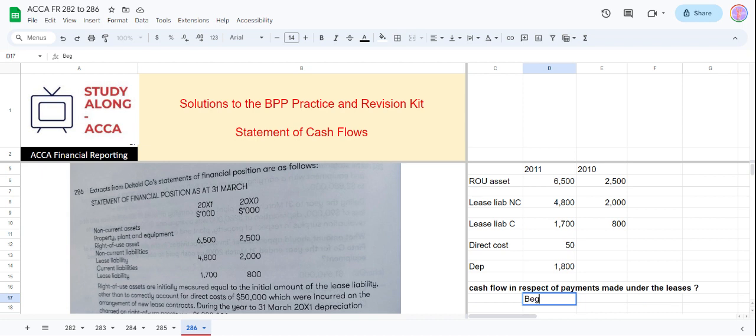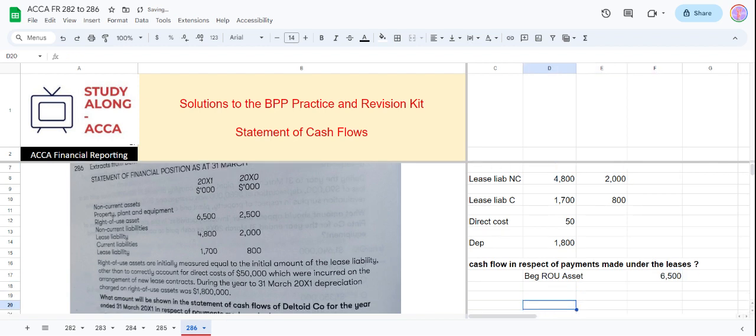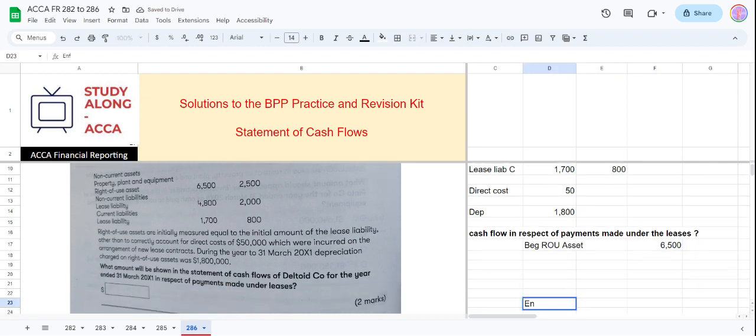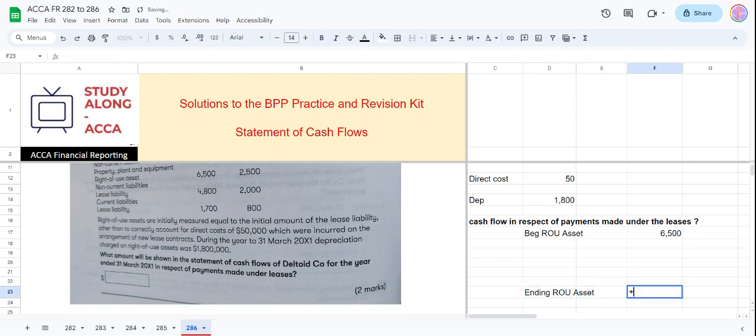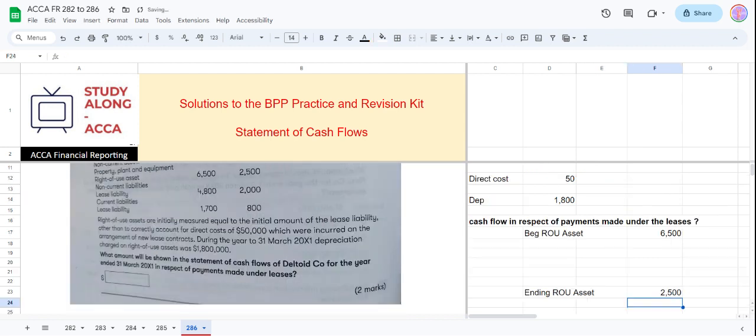So we will start with the beginning asset, how much asset we had. We can see that we had 6,500. And we will come to the ending ROU asset. In between, we will be able to calculate, 2,500 we had.